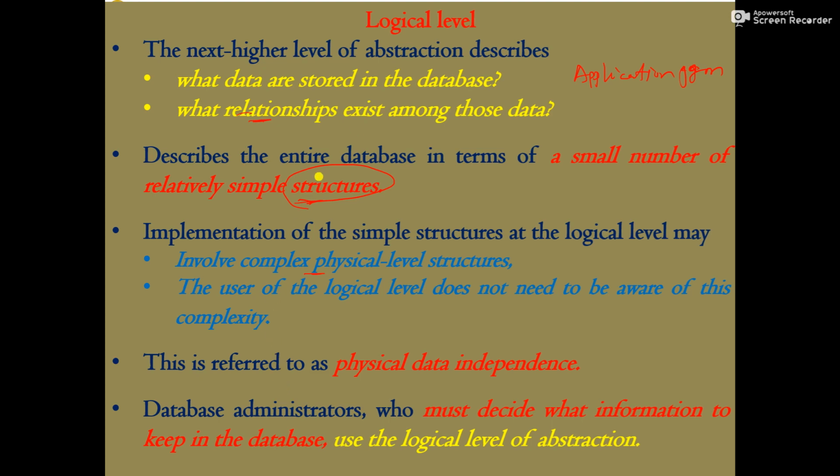On the logical level of abstraction, the database administrator has to decide what type of information to store in the particular database, and also define the relationship among each and every data associated with the database. So this is called the logical level.